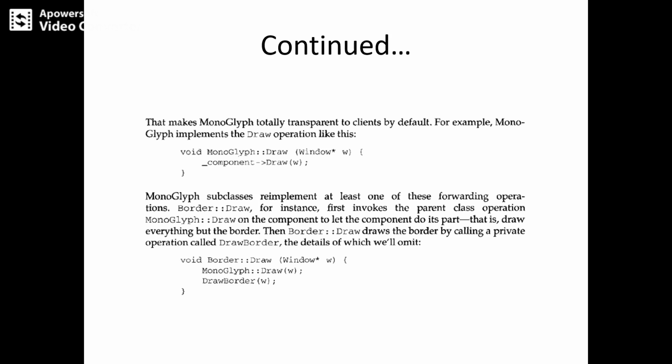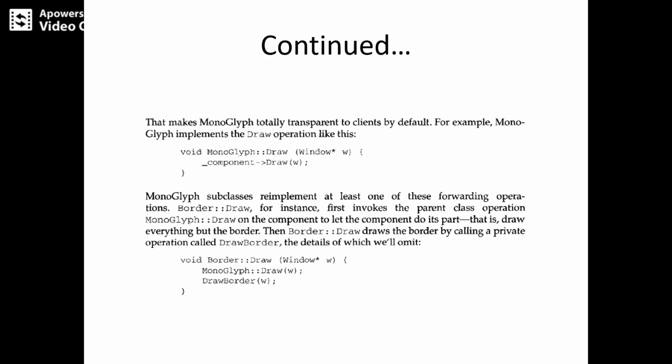So there are two: one is Border::Draw, another is Monoglyph::Draw. In Border::Draw, for instance, we first invoke the parent class operation, Monoglyph::Draw, on the component to let the component do its part.